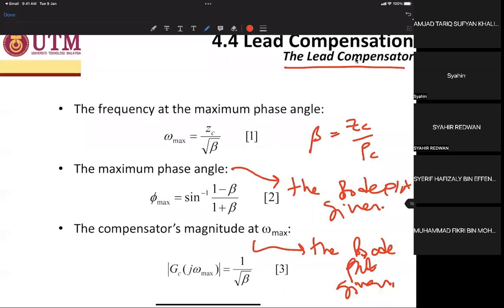Okay, just get the value from there. Most of the solutions use the three formulas shown here. So lead compensator is considered very easy compared to the lag compensator, because the formula is given, we just use it and get the values of the parameters and variables from the Bode plot given.